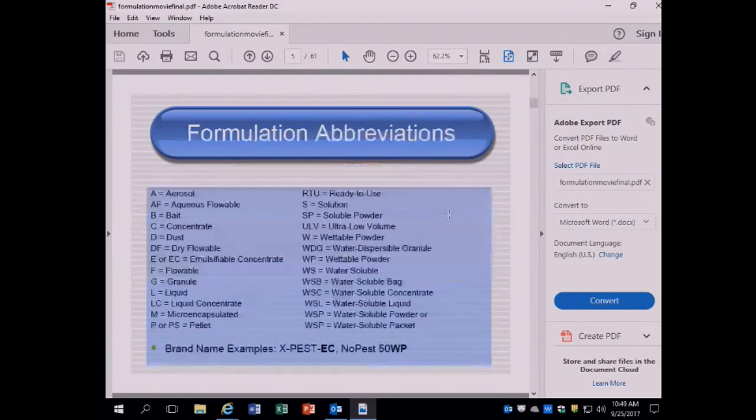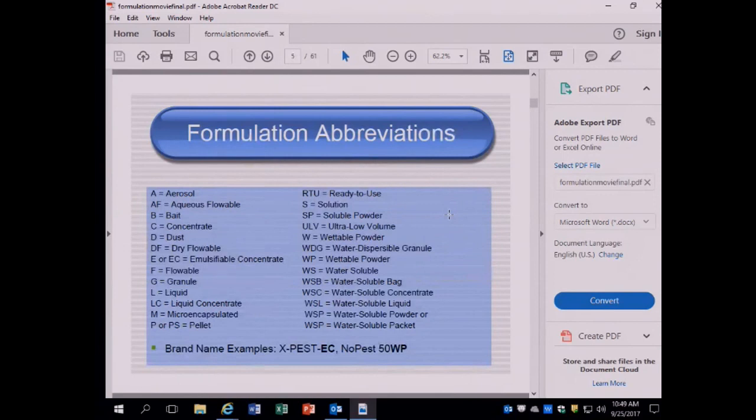This next slide gives you a list of formulation abbreviations. These are things you need to be aware of. These will show up on our tests, because you need to know what they mean.